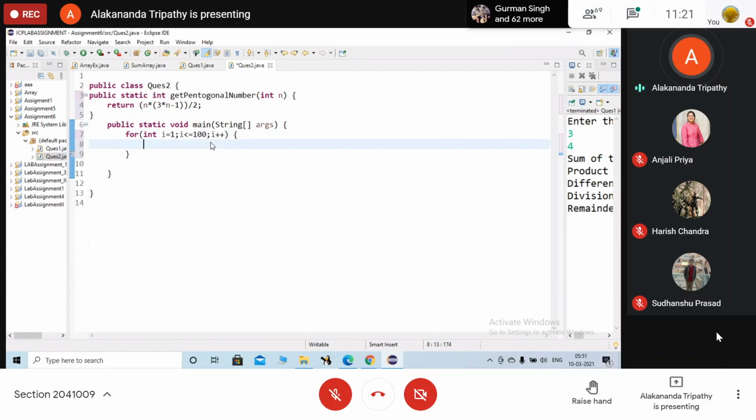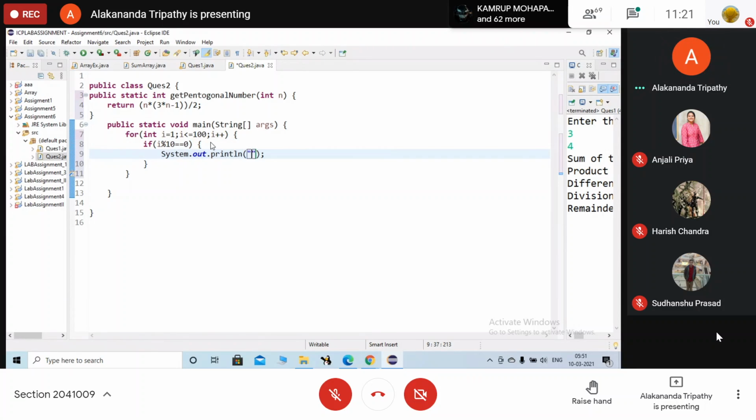Okay. Here if i mod 10 is equals to 0, तो क्या होगा? Here we are going to put a line break or a blank space. Otherwise, we are going to find out the number.